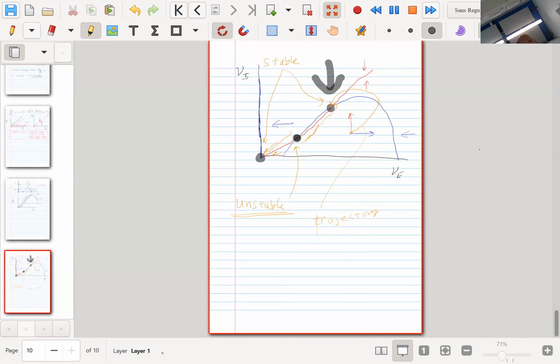It's also a fine tuning issue. You have to basically carefully place the inhibitory nullcline to get a reasonably high firing rate, okay? And the intermediate one here is an unstable fixed point.